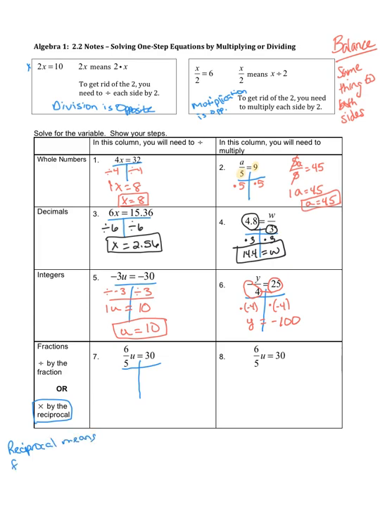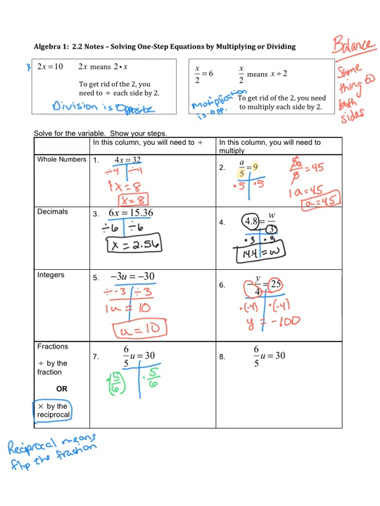Flip the fraction. So what is the reciprocal of 6 over 5? It is 5 over 6. So you're going to multiply both sides by 5 over 6.